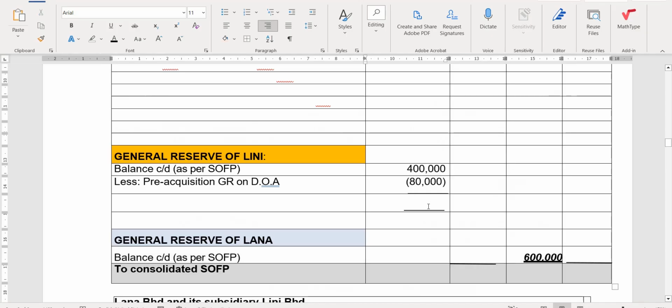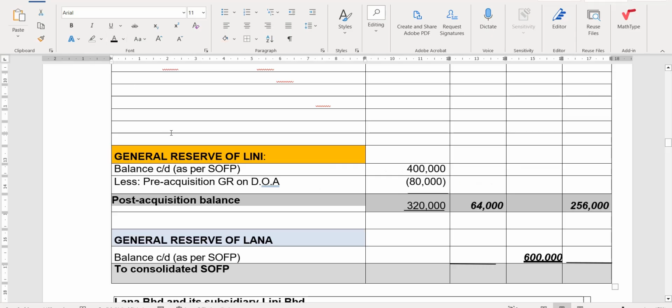So you can do that, and for this part you are actually done, because there are no further adjustments, no bonus issue whatsoever. You will have the post-acquisition balance to be 320,000, and 64,000 will be the figure that you are going to include in the non-controlling interest. How do you get this?